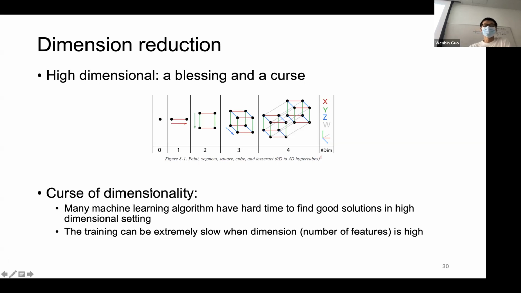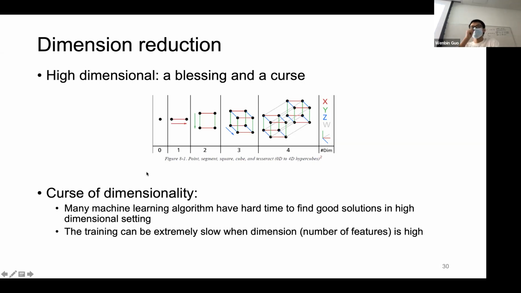Also, the computation will meet some problems. For example, you have 20,000 genes and several million people, and the memory it requires will be huge. And the training speed will be extremely slow. So this is the bad thing high dimension brings us.